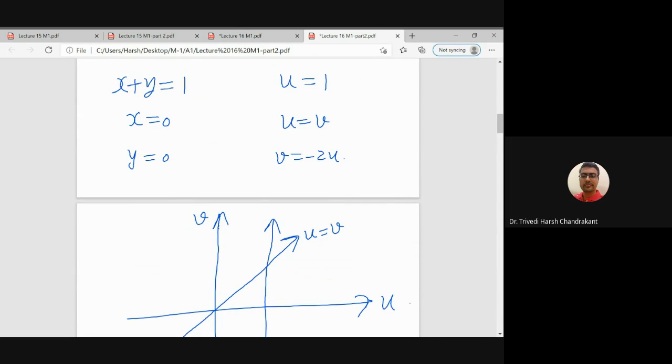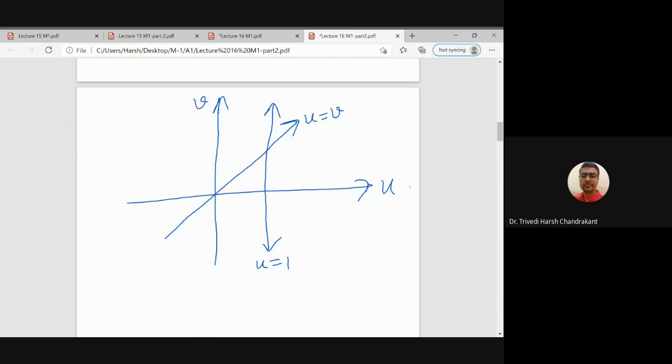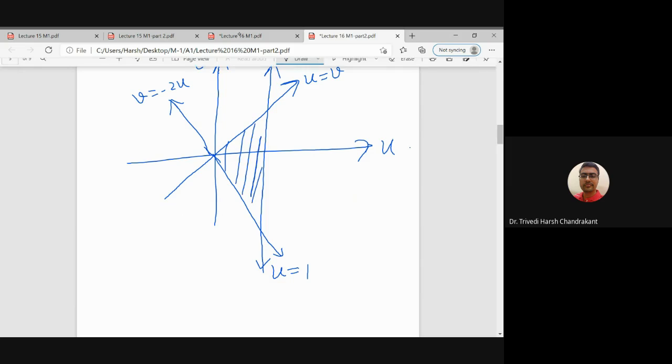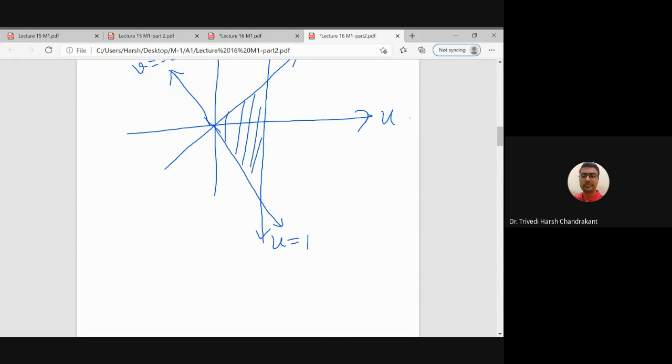And the third line is v equals minus 2u. So this line is v equals minus 2 times u. Our region is bounded by these three lines, that is essentially this region.